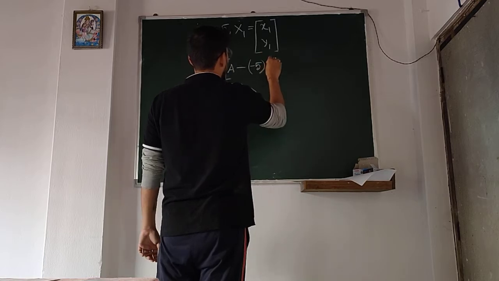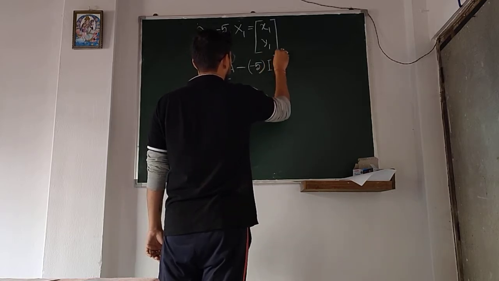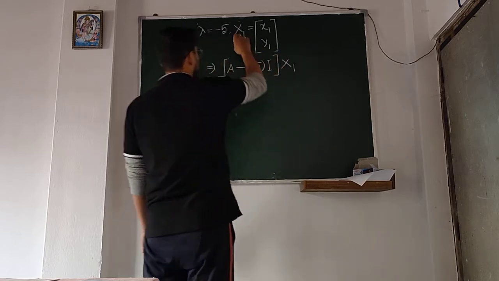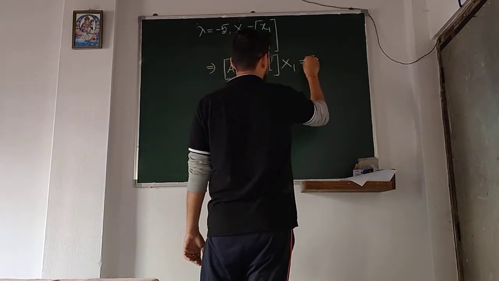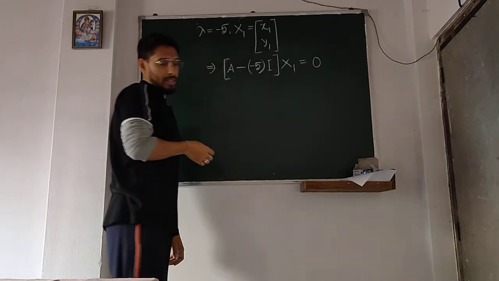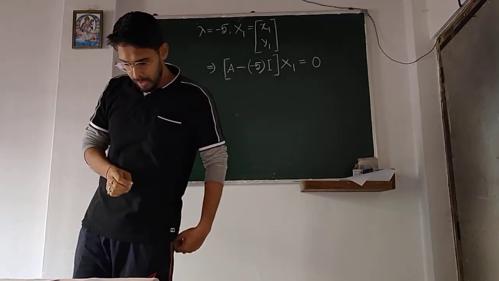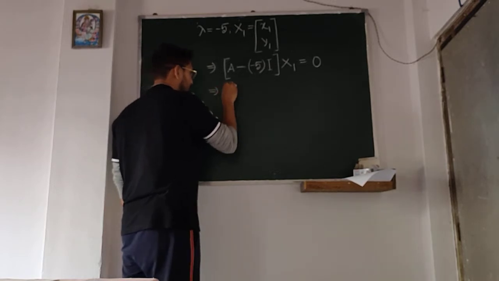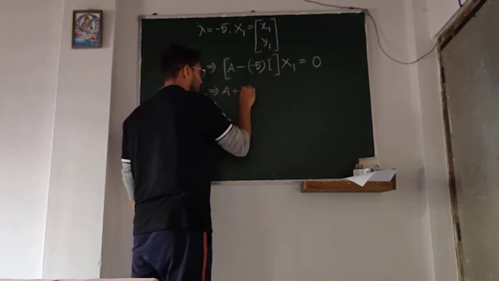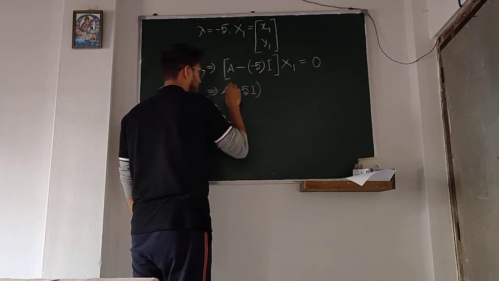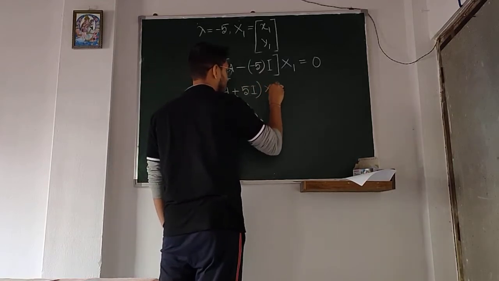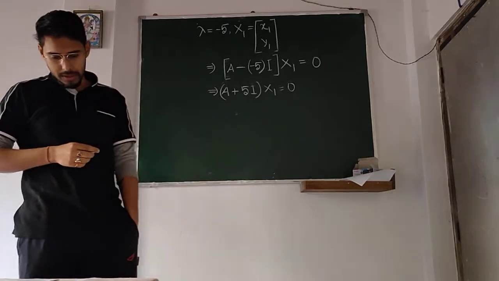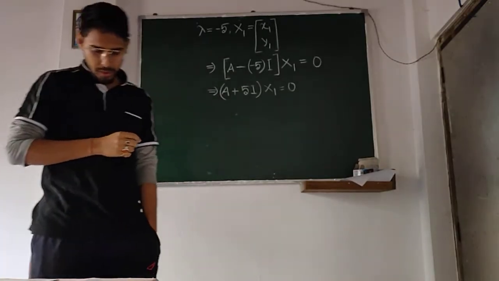So minus 5 into I, and into x1. We have taken the variable now, because we are doing the vector now, and that is equals to 0. So we can again write it as A plus 5I bracketed into x1 equals to 0. So this becomes the equation which we need to solve.